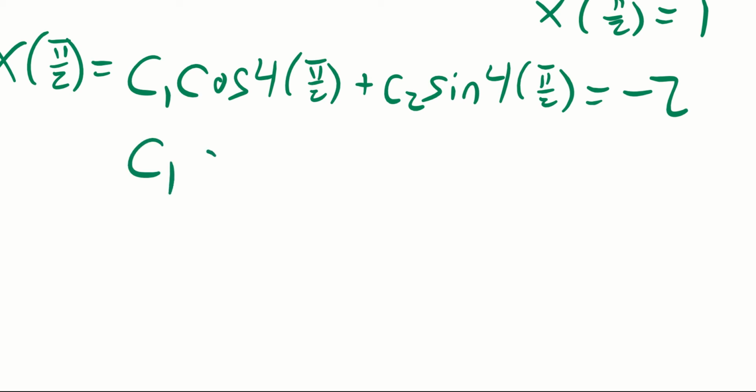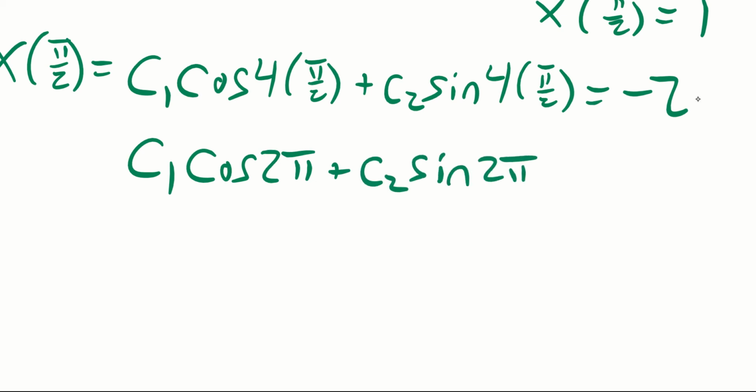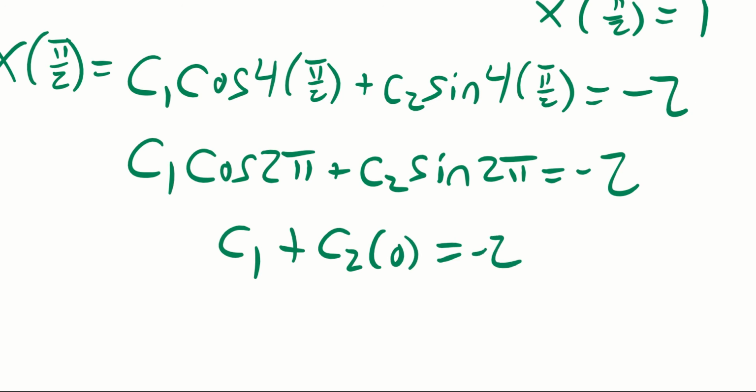This is going to tell us that c1 times the cosine of 2 pi plus c2 times the sine of 2 pi equals -2. The cosine of 2 pi is 1, so that's c1 times 1, which is c1. Sine of 2 pi is 0, so it becomes 0 times c2. So c1 equals -2, and that tells us that the value for c1 is going to be -2.